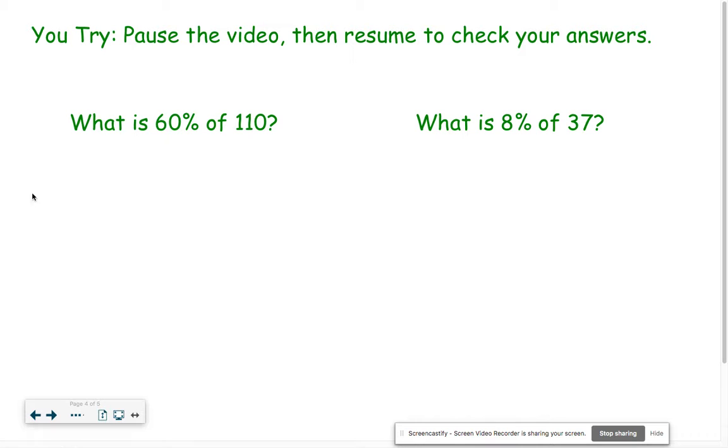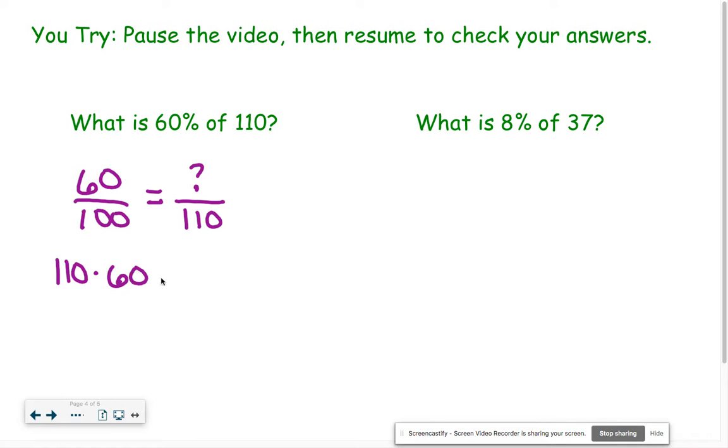Pause the video, then resume to check your answers. Welcome back. Let's check your work for what is 60% of 110. First, you should have set up your equation. We have our 60% of 100, and we have our what is out of 110. When we cross multiply, we're going to be multiplying 110 times 60, and we get an answer of 6,600.